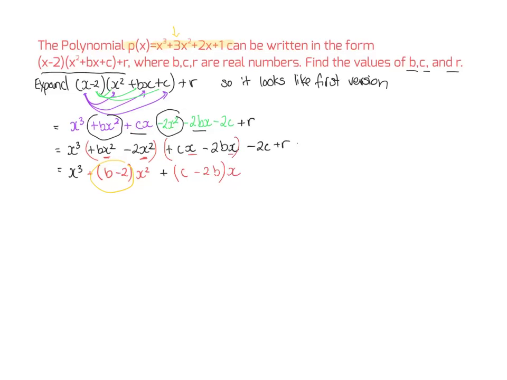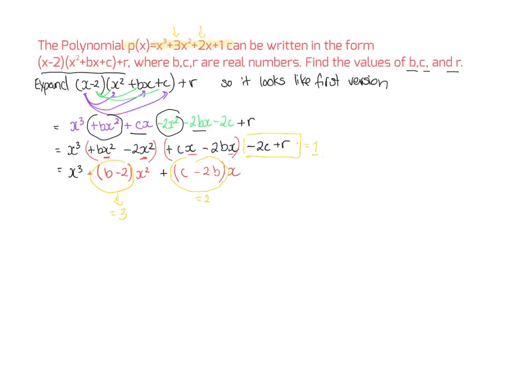So this is equal to the coefficient up here, which is 2. And this one's the number in front of the x squared, so that one's equal to 3. And then we have that negative 2c plus r must be equal to 1.